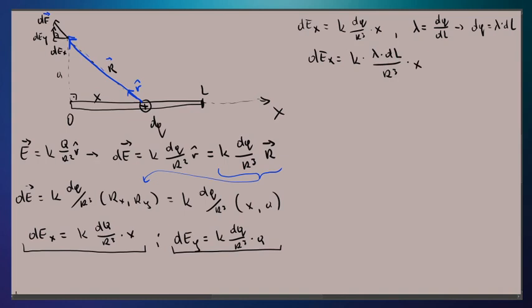But now I want you to think about this dl. So dl, that's a little bit of the length L. Now the length L starts here at 0 and goes all the way here. So this is a little bit of dl, and this is a little bit of dl, and so on. What does it amount to?